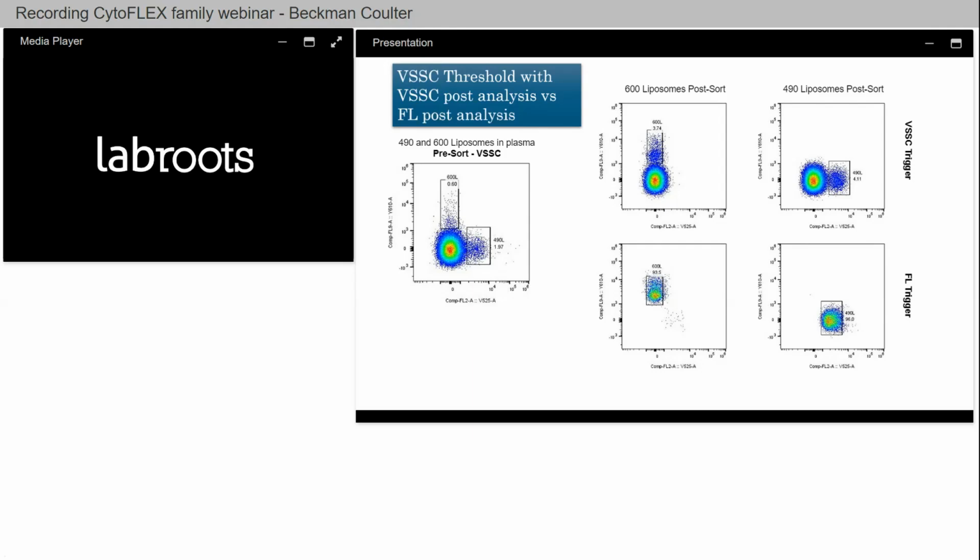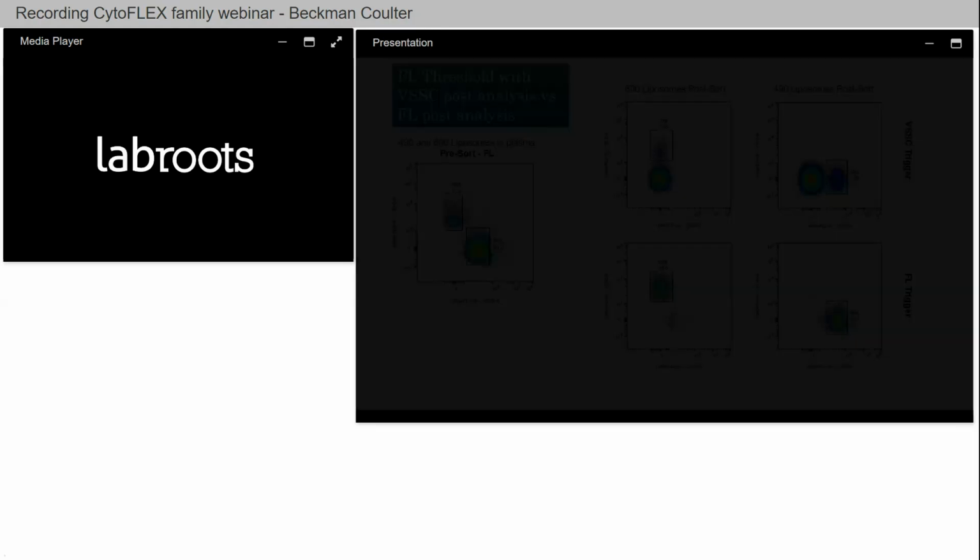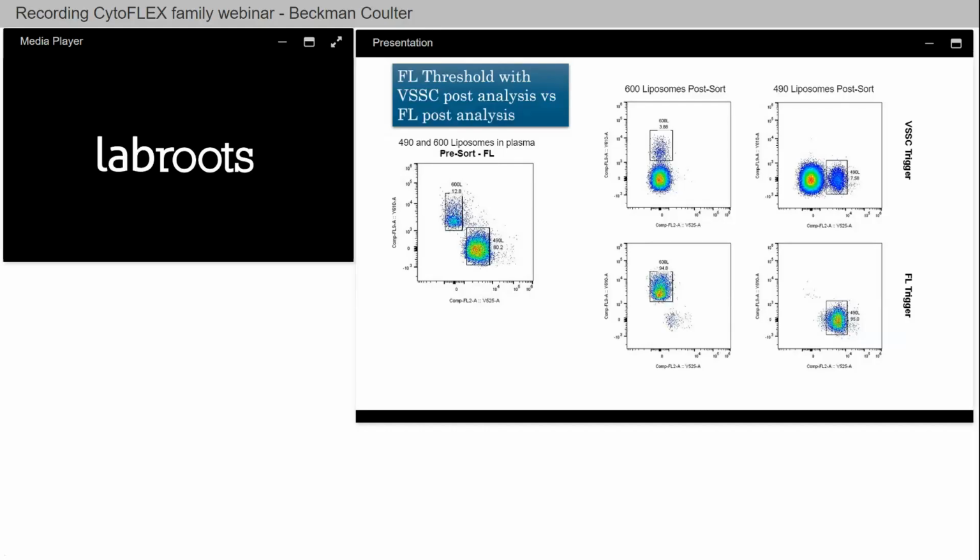So yeah, it's a little bit of a misconception or smoke and mirrors at this point, because if you sort on fluorescence and then you look at those two, so again, using pre-sort one type thresholding, and then we analyze using both thresholds, and you can see again the numbers, if you just looked at the top portion, don't make sense, right?